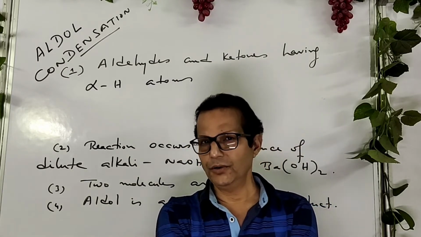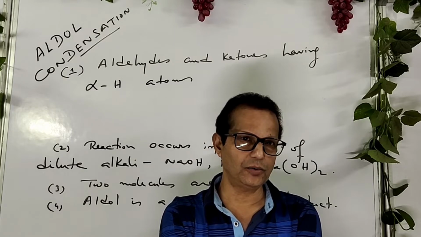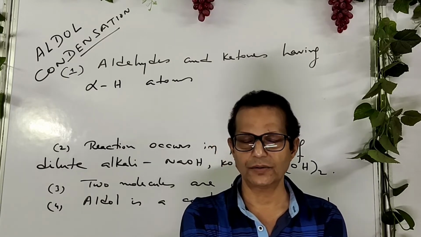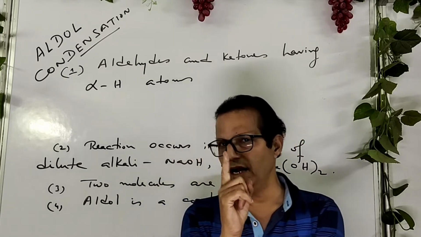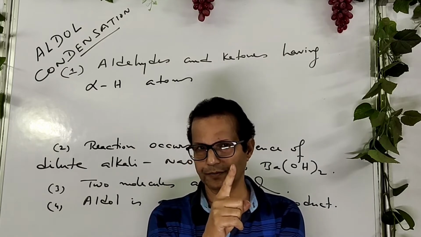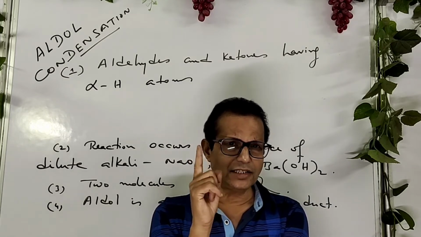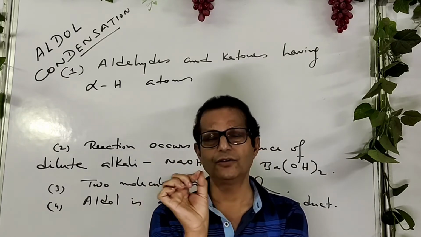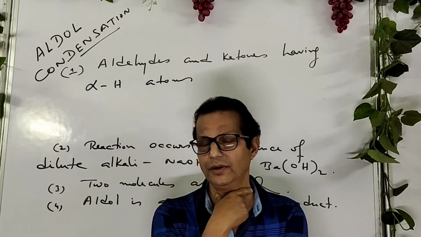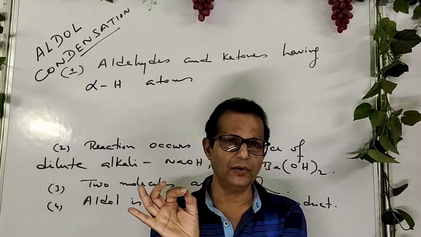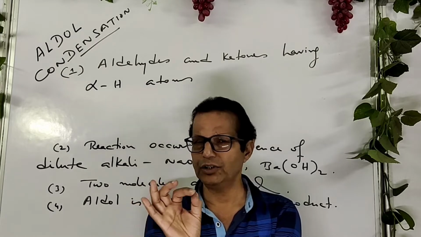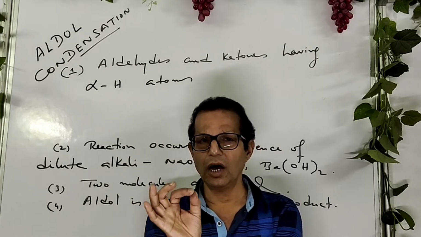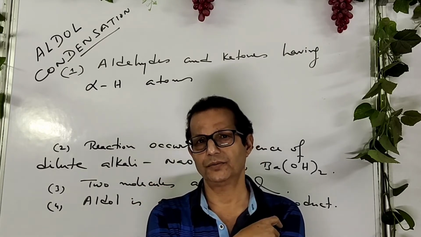So, do you know what alpha hydrogen atoms are, considering aldehydes and ketones? Just consider the aldehyde group carbon. The adjacent carbon of the aldehyde group carbon is called the alpha carbon. If the alpha carbon contains hydrogen atoms, they are called alpha hydrogen atoms.